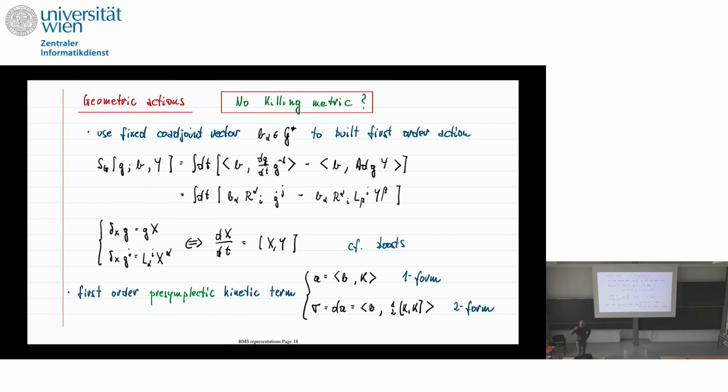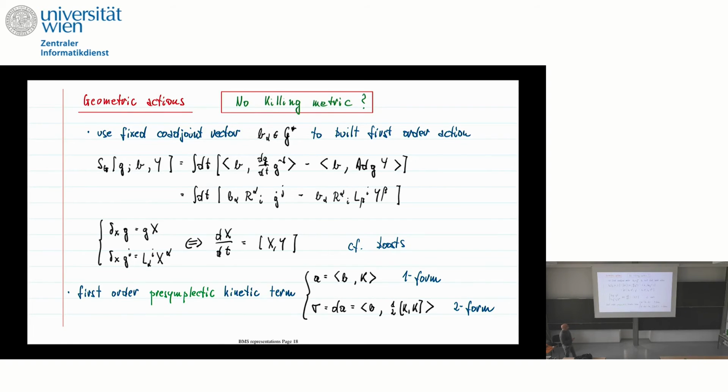So now I will come to the classical system associated to the Kirillov program, I would say. So what would you do if you do not have a Killing metric? Because lots of the groups that you are interested in, you would like to do the same strategy, but you don't have a Killing metric to write down this system that you want to quantize. What you always can do is, instead of these second order equations, you write just a first order Lagrangian, a first order action, by using a fixed coadjoint vector.